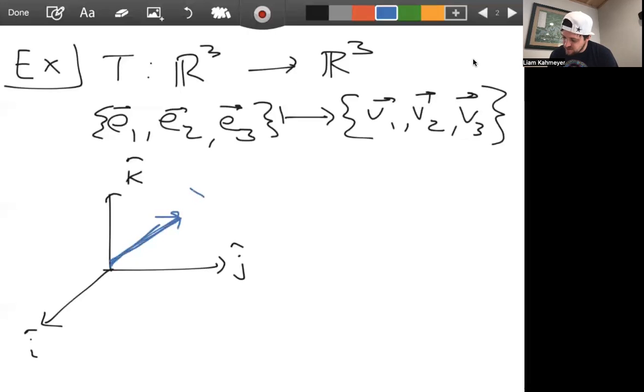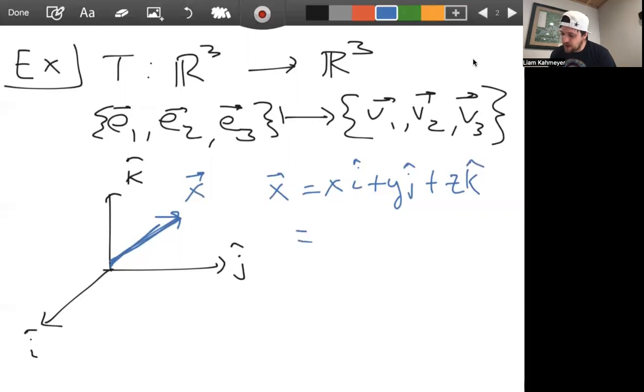Then we describe some vector, let's say X, in the standard basis as X equals x copies of i hat, or x units in the x direction, plus y j hat plus z k hat.